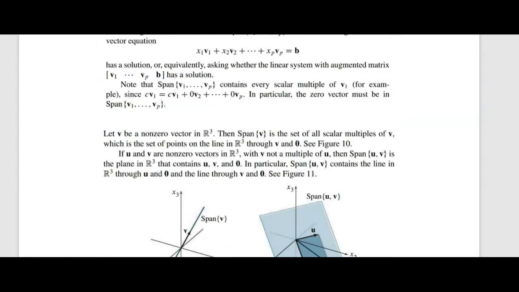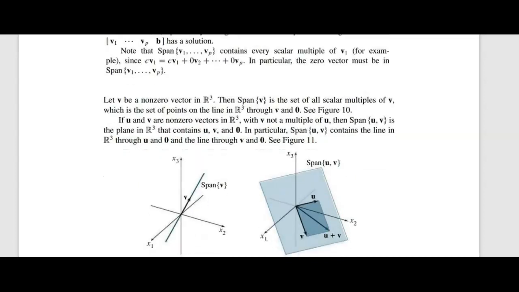A span and a linear combination are very, very similar. You take a linear combination, you take multiples of C1, so on and so forth, okay? And you are going to take those multiples. So it's going to take that vector and span it out. And so if you end up having that full span in R2, you would have that full line, okay?